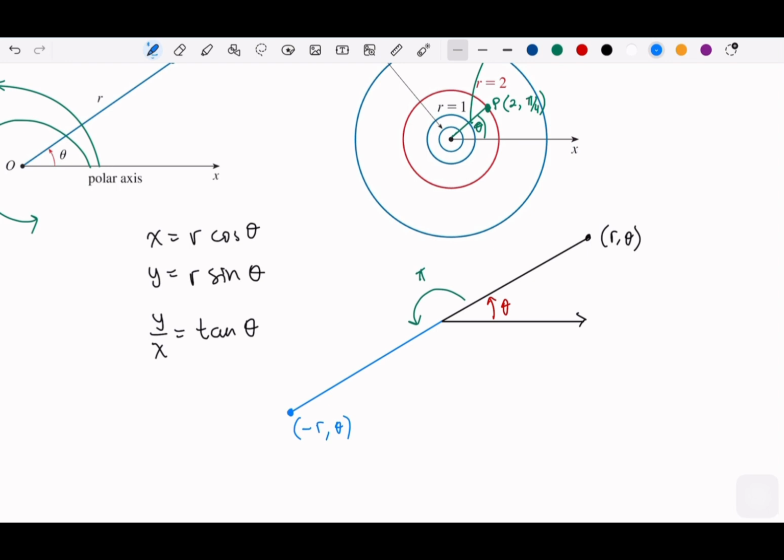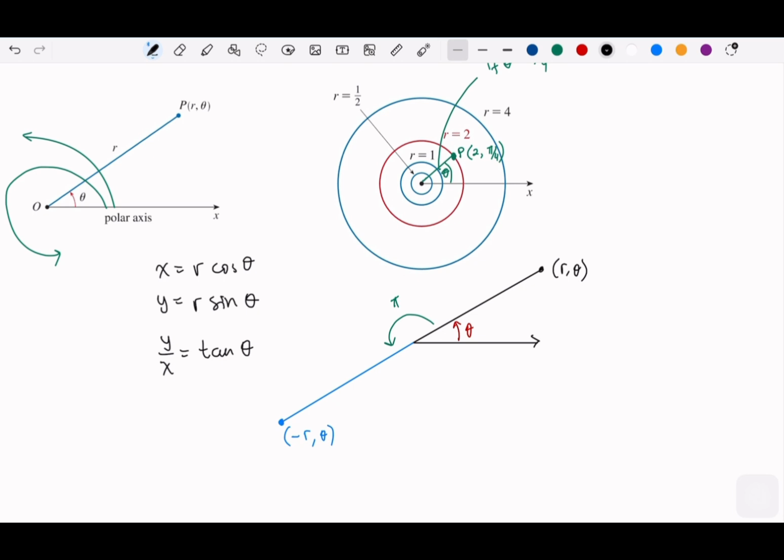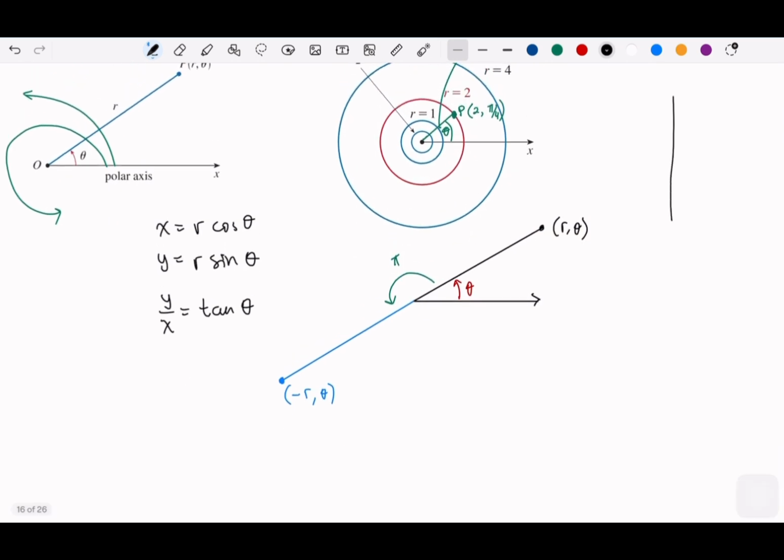Remember that in trigonometry you have four quadrants like this, 1, 2, 3, 4. Sine is positive in 1 and 2, cosine is positive in 1 and 4. If I ask why, I hope you should be able to answer that.